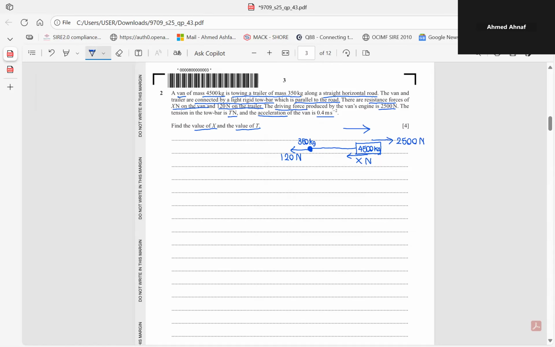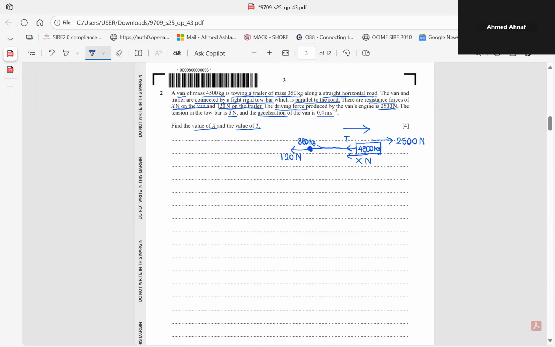To represent the tension in the tow bar, we'll first do it from the van's perspective, considering only the van. Since the van is pulling in this direction, the tension would be acting in this direction. Even if you don't put the right direction, if you get a negative answer, that's when you know your initial guess wasn't right. Let's do the same for the other end, close to the trailer.